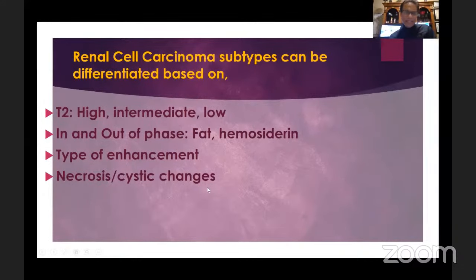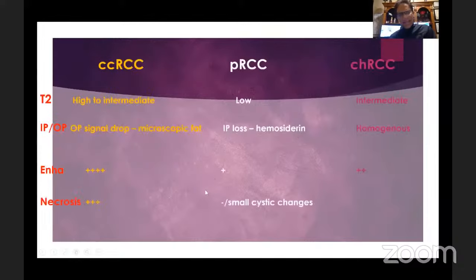So depending on this, we can see that in clear cell type renal cell carcinoma, on T2 weighted images, the lesion tends to be high or intermediate in signal intensity, compared with low intensity in papillary renal cell carcinoma and intermediate signal intensity in chromophobe type.